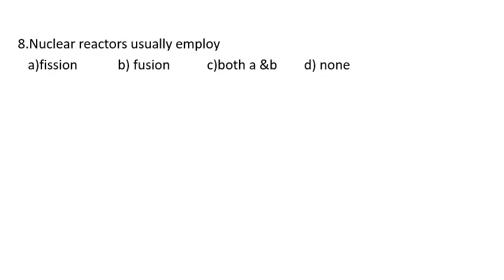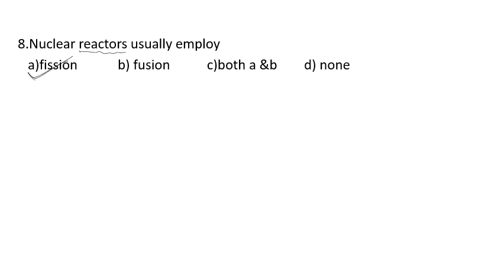Eighth question. Nuclear reactors usually employ: option A fission, option B fusion, option C both fission and fusion, option D none of these. You know that in nuclear reactors fission is going on.